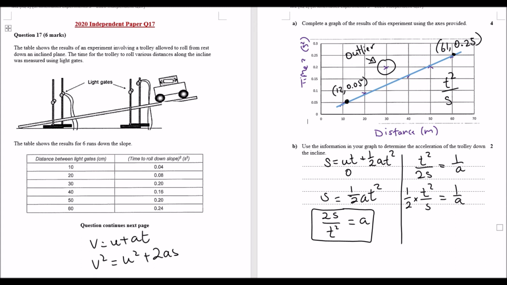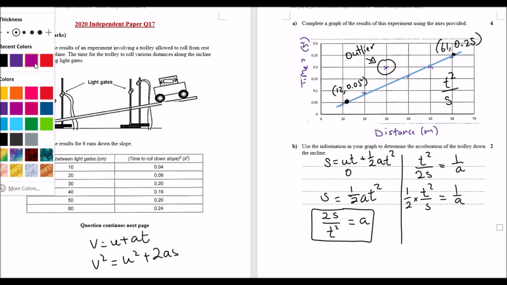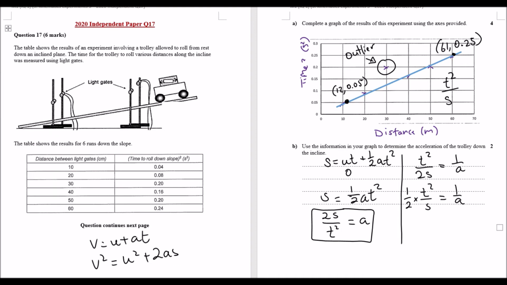Okay, so let's find our gradient, which is this t squared over s. I'll do this in a different color. Well, actually, we'll leave it as it is.